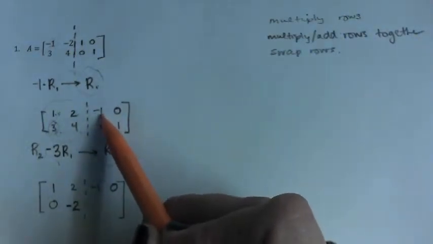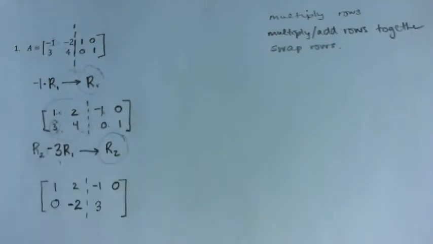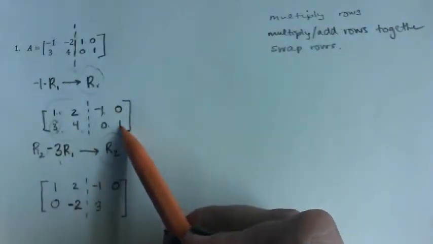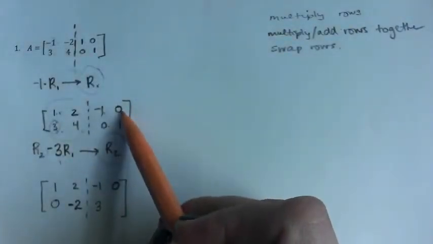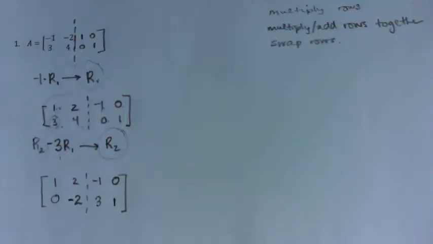What's 3 times this? Negative 3. So minus negative 3 makes it plus 3, right? So 0 plus 3 is 3. And then row 2 here, which is 1, minus 3 times this is just going to stay 1. Right? Because 3 times 0 is 0, so 1 minus 0 is 1.